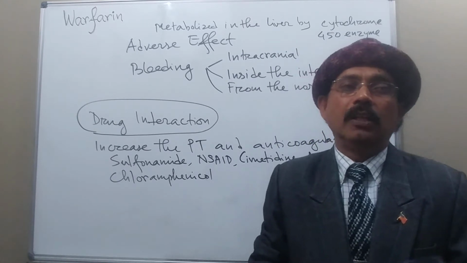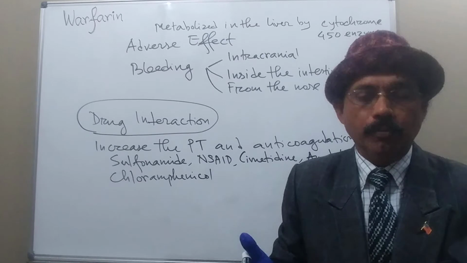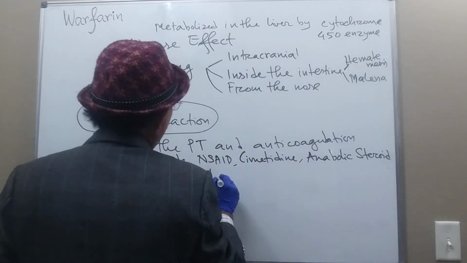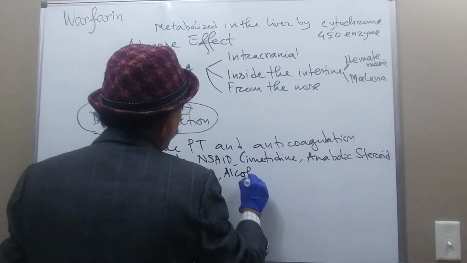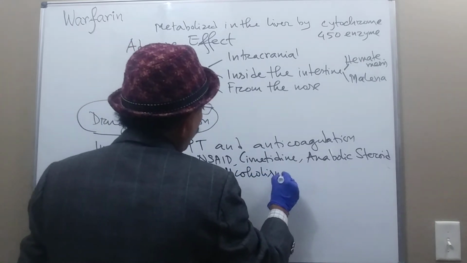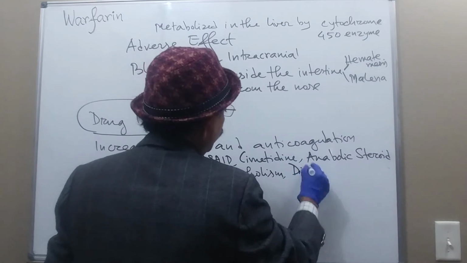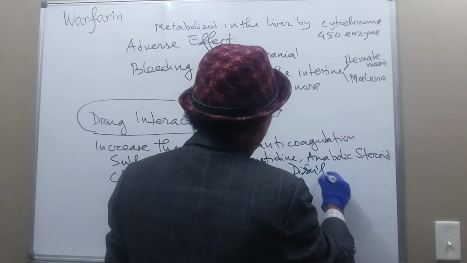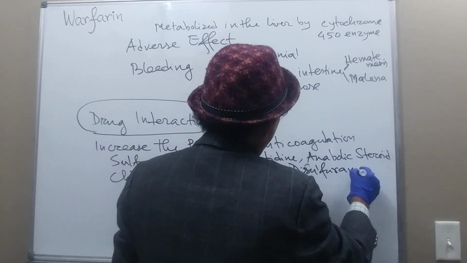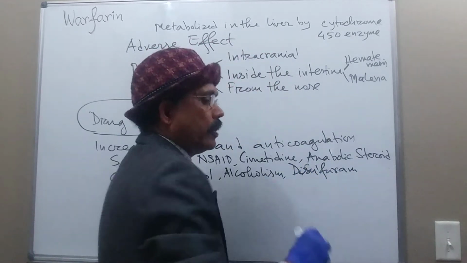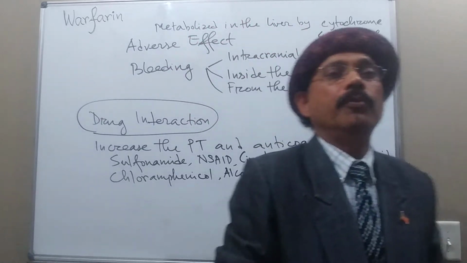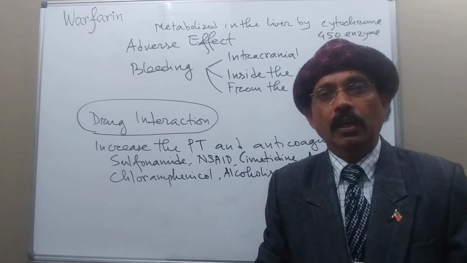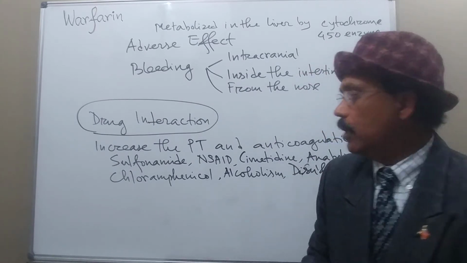Other medication like that of acute alcoholism or management of alcoholism by disulfiram. So these are the drugs, and also we have some anti-arrhythmic drugs like amiodarone, and the anti-gout drug allopurinol.